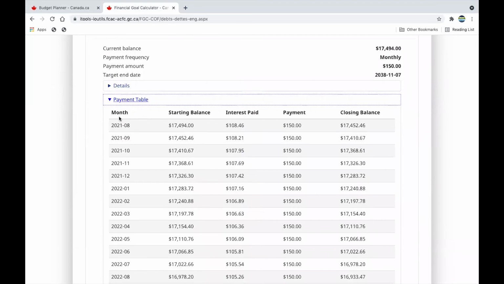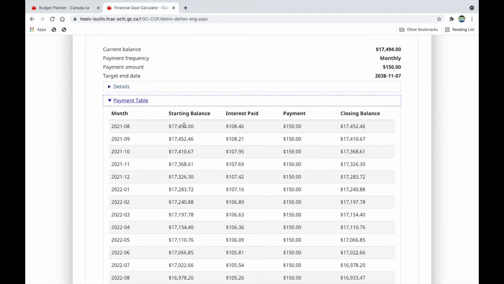It's showing you that this is the month of August, and your starting balance is the number we inputted when we were filling in our information in the financial goal calculator, and then the interest paid based on the interest rate we put in, which was 7.44. So you're paying an interest of around 108, and you're putting down 120 towards the balance.